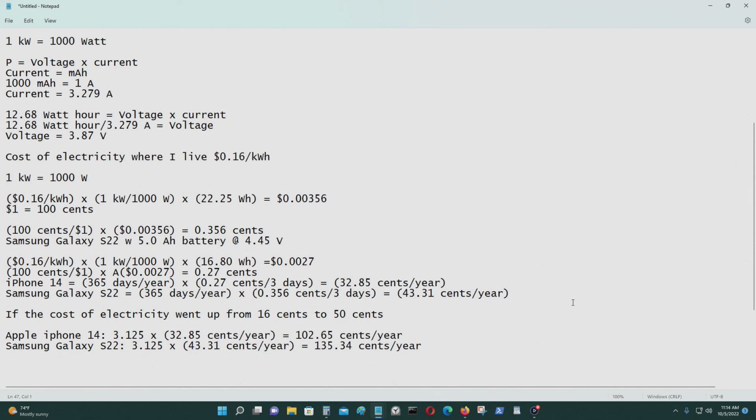Your Samsung Galaxy S22 costs you about 43.31 cents per year. So less than $1 at current rates.